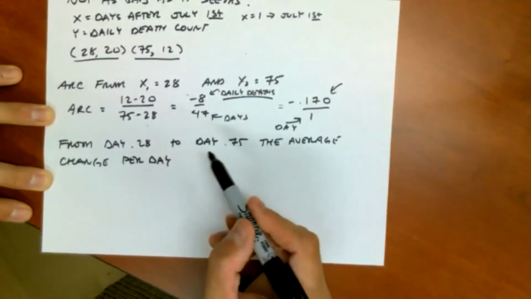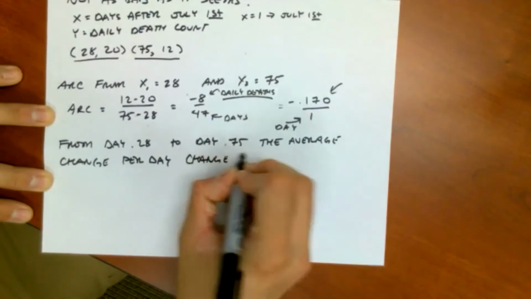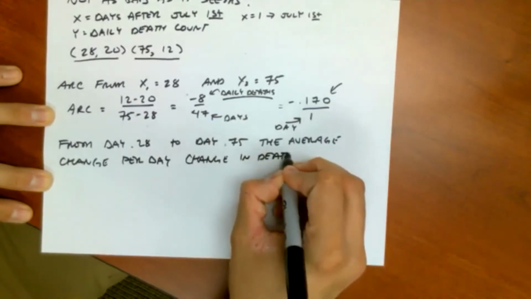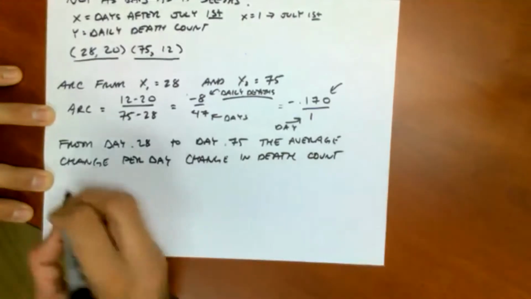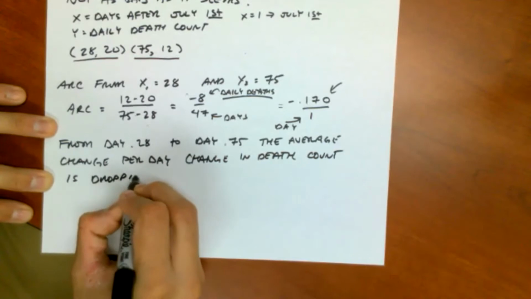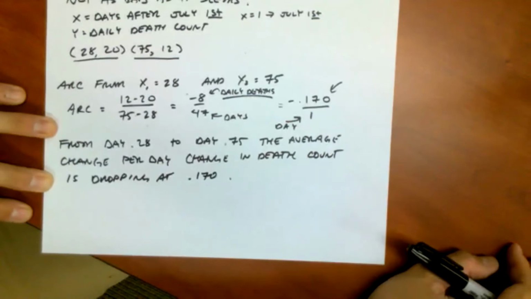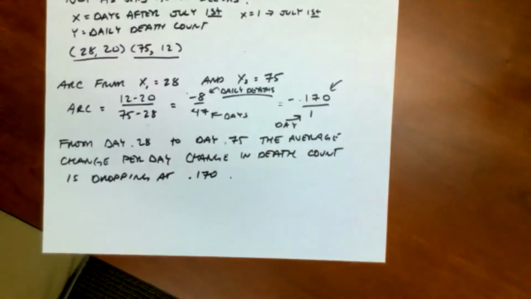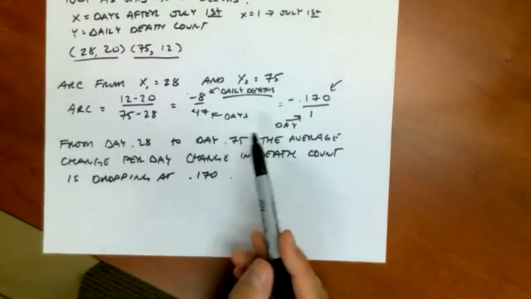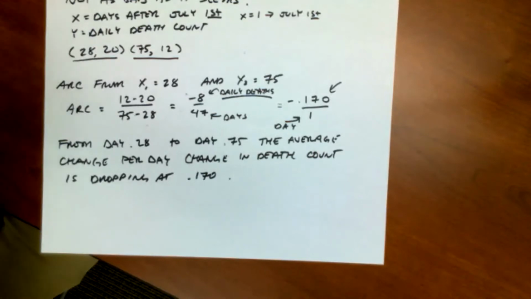So from day 28 to day 75, the average per day change in death count in Arkansas, if you want to put that, is dropping at 0.170, okay? So that means, look, if I'm in this camp, what I've shown is that, hey, if we cherry picked these two dates, it actually looks like we're lowering our death count each day, right?